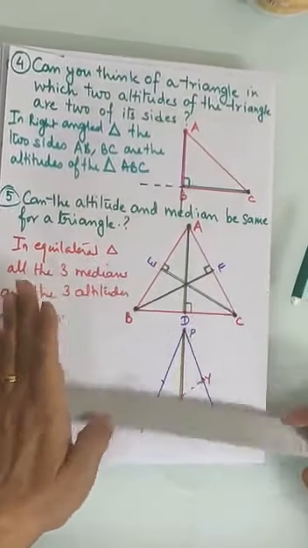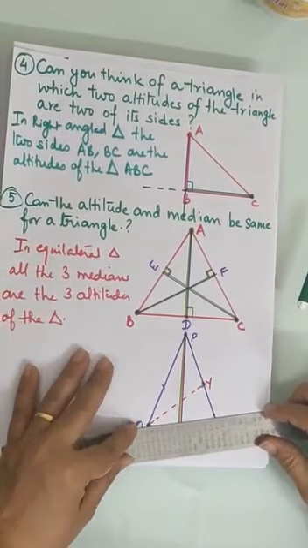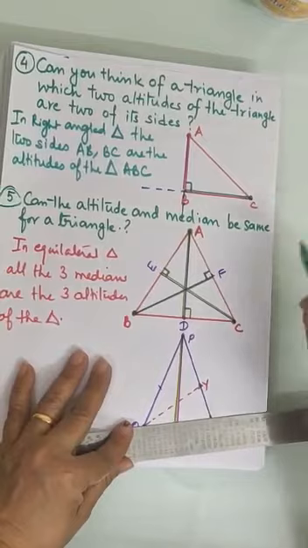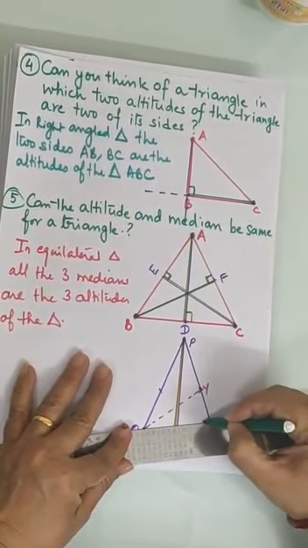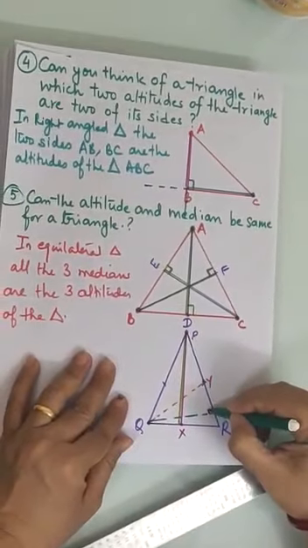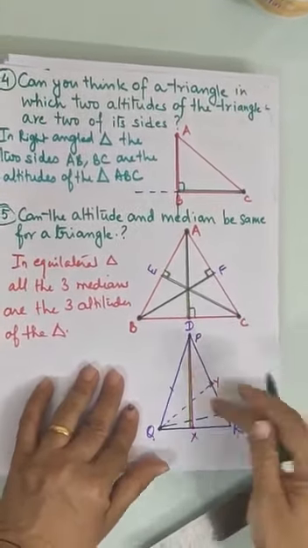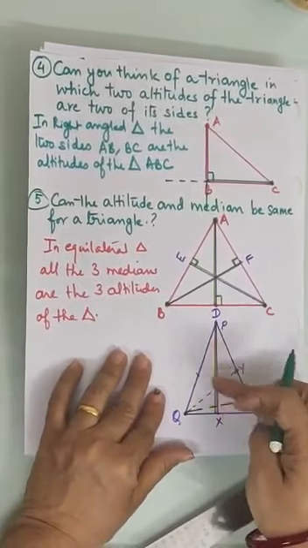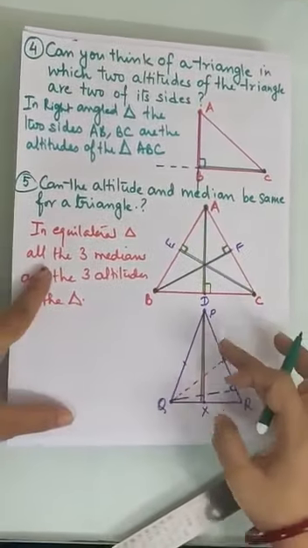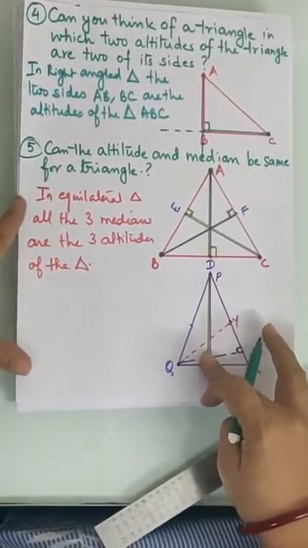So see, how will you make? This is 90 degree. But see, these two are not same. Similarly, when you do for this, it will come like this. So in case of isosceles triangle, only one altitude and median is same.